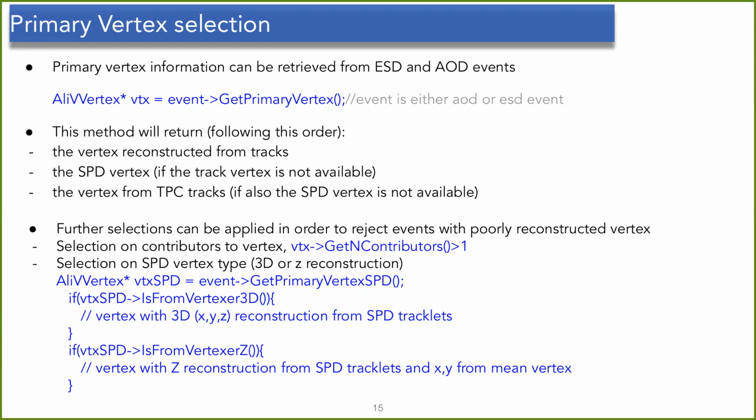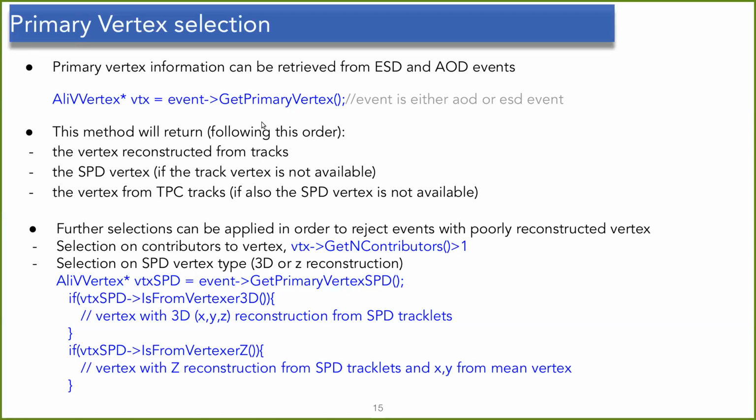Now, how this class works: you can reconstruct this vertex using the tracks from SPD, using the global tracks, or using the tracks from TPC. So if you call GetPrimaryVertex, what will it return? It will return the vertex information in a particular way.